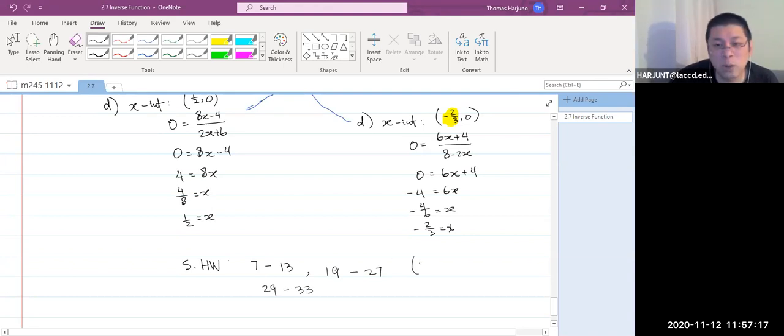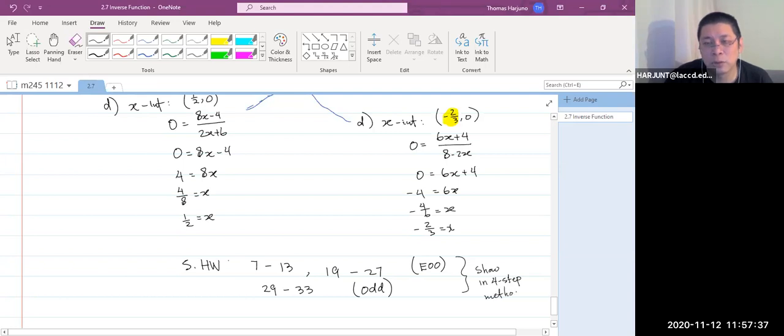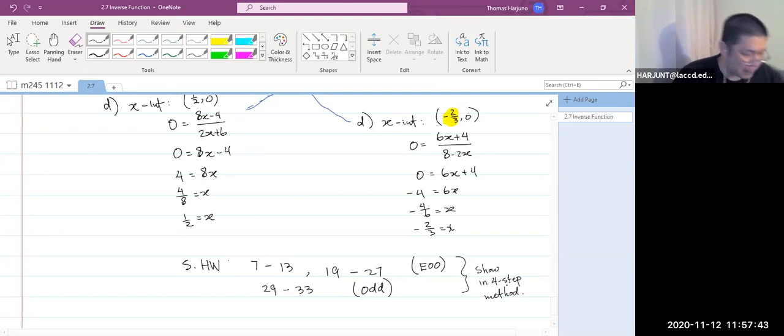The one here, do every other odd, and the one here, do the odd ones. Okay, now for all of them, show algebraically in the 4-step method, the one I showed you earlier today. Okay, what else? No, I guess that's good enough for 2.7.